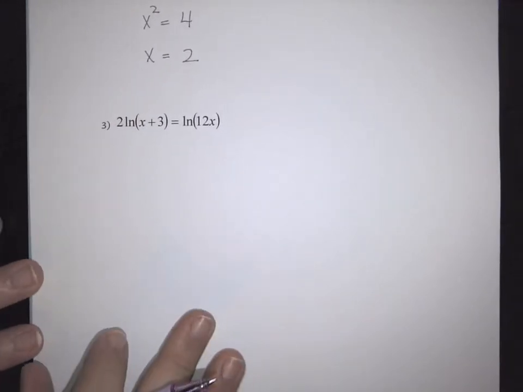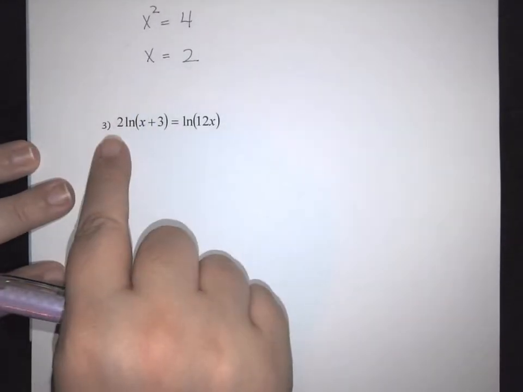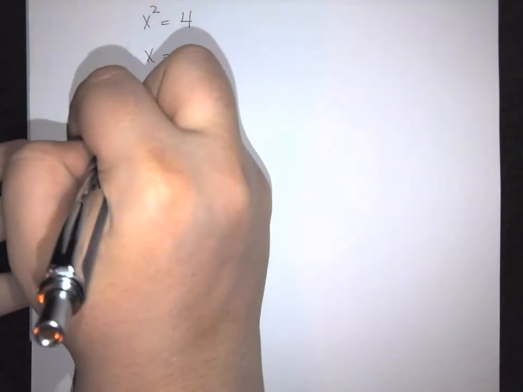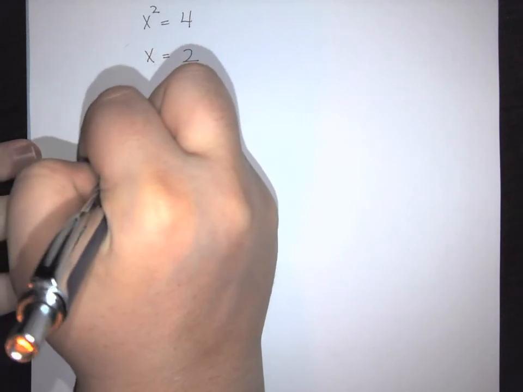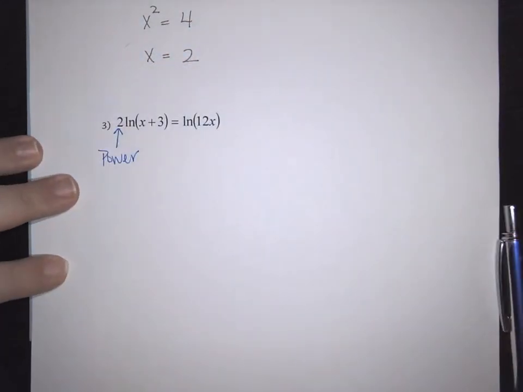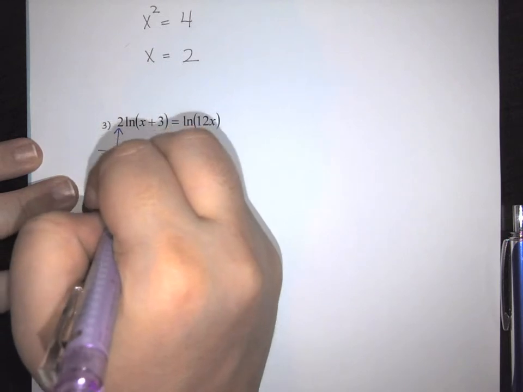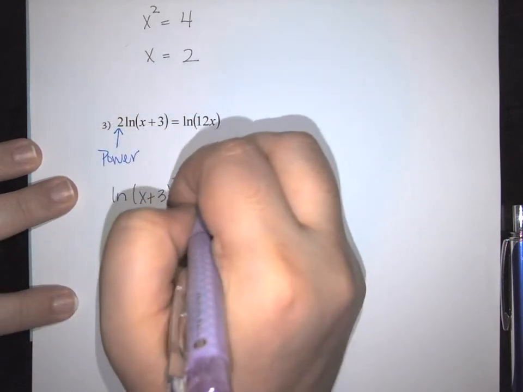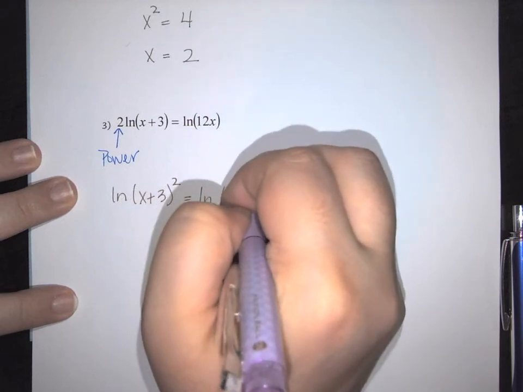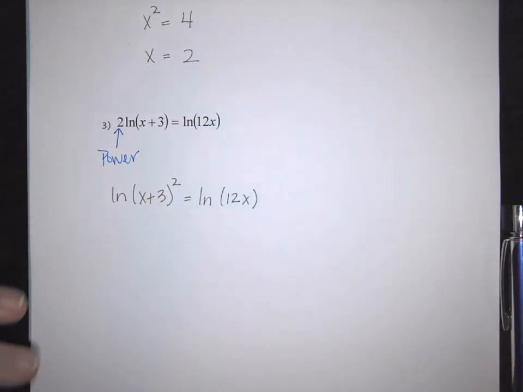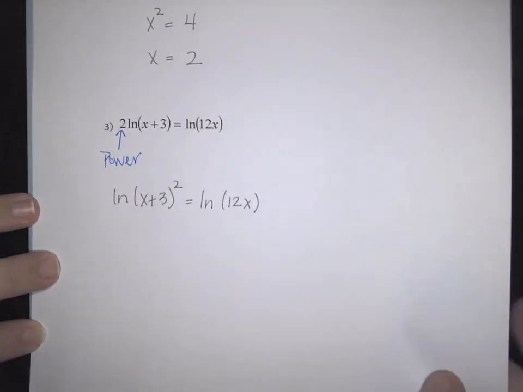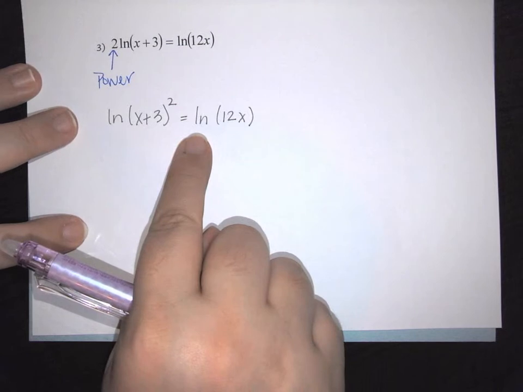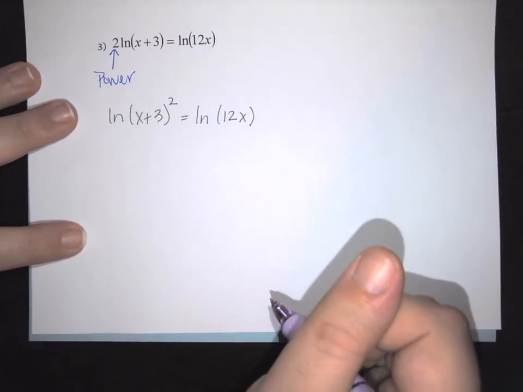All right, let's look at this bottom one down here. So again, I have to look at what it is that I have. The first thing I see right off the bat is I have a power rule. And so this is going to become the natural log of (x plus 3) squared equals the natural log of 12x. In this case, I can take each side and raise e to them.